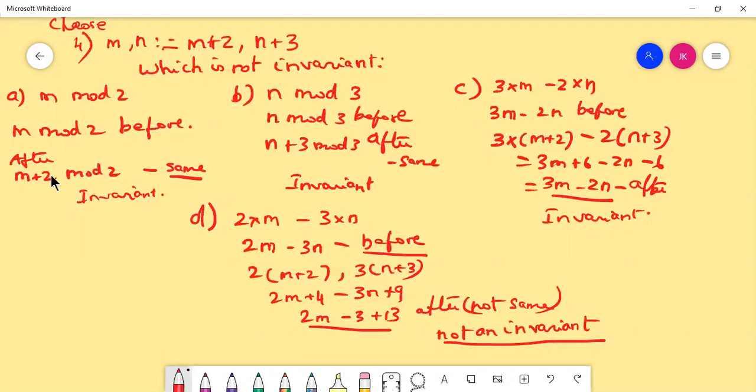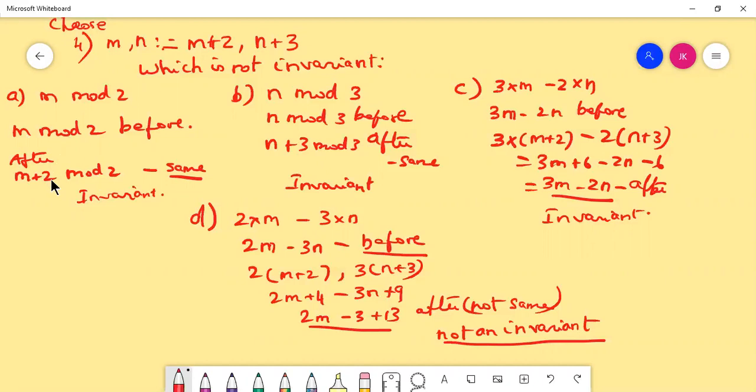Can you understand? When you divide by 2, mod means remainder. Mod means you divide your number, this is my number, this is my divisor. When I divide, this mod function will give a remainder. Whether it's an even number, I get my remainder as 0.